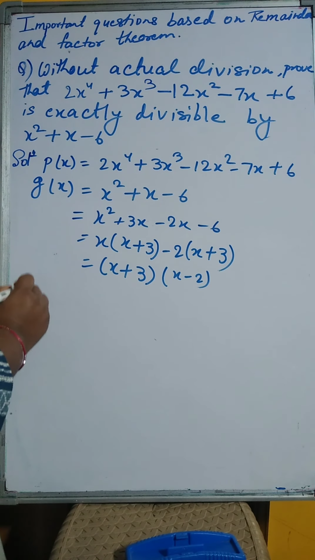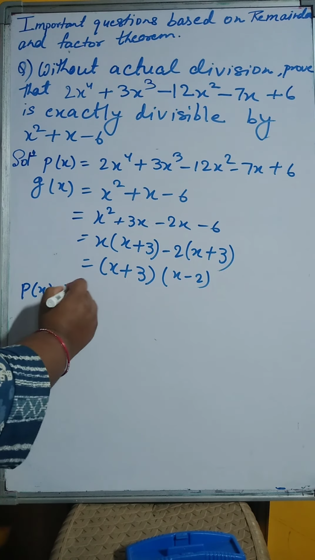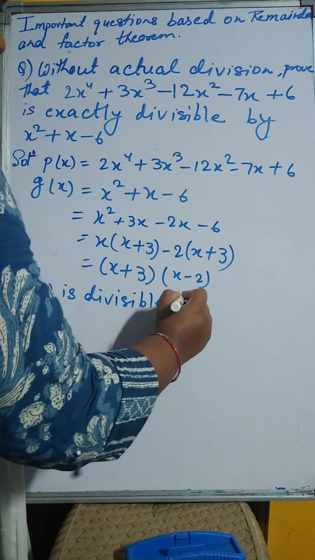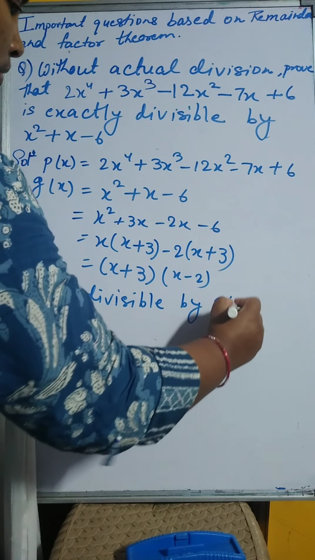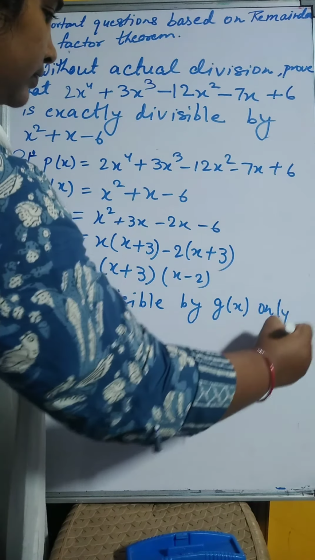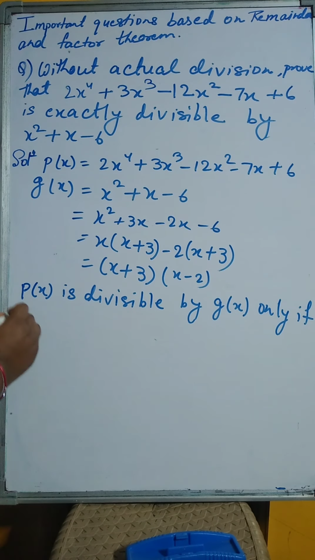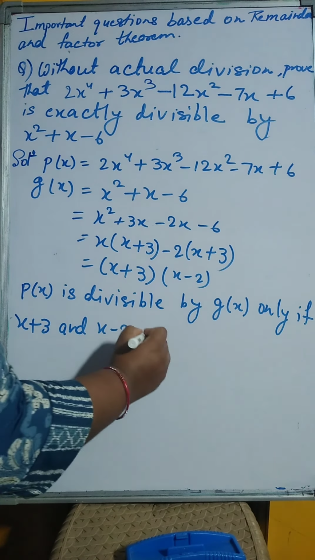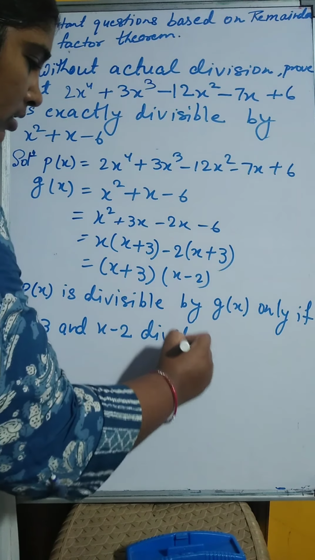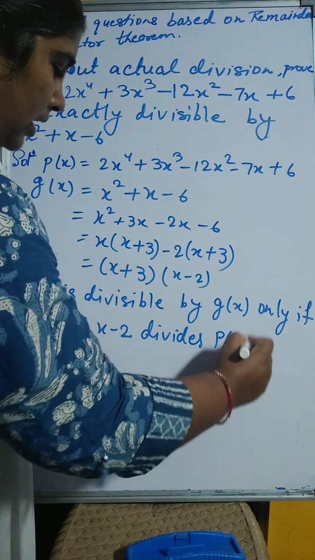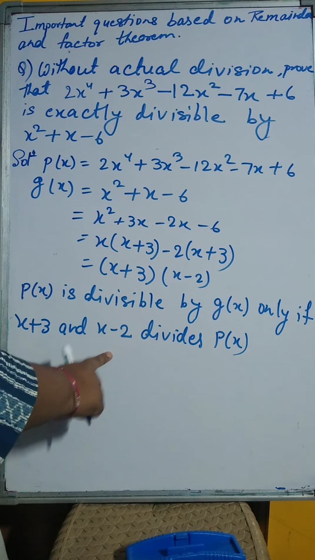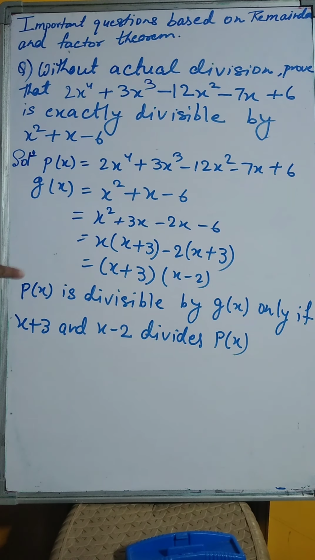So what can we write? p(x) is divisible by g(x) only if x + 3 and x - 2 divide p(x). If x + 3 and x - 2 become factors of p(x), clearly this g(x) will completely divide p(x).